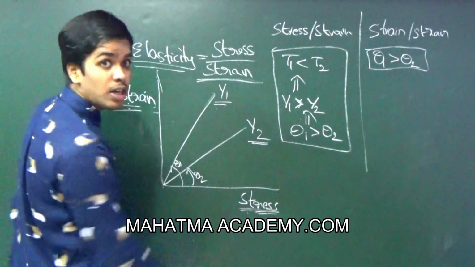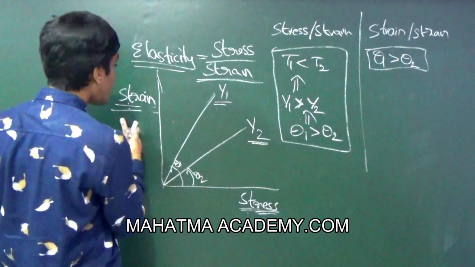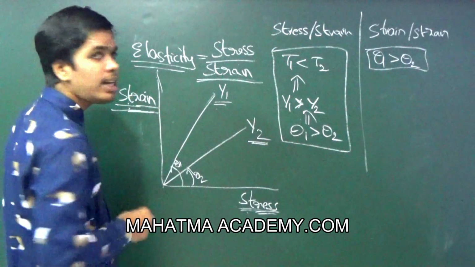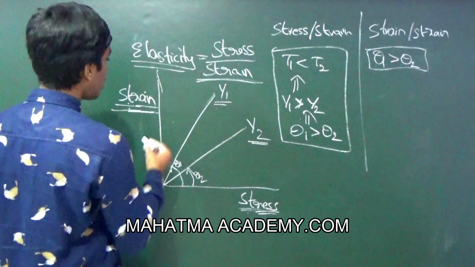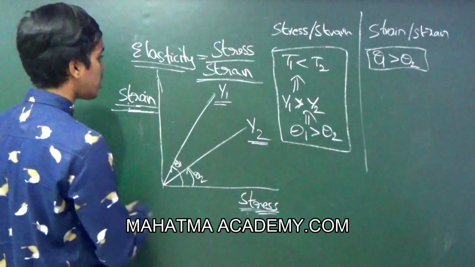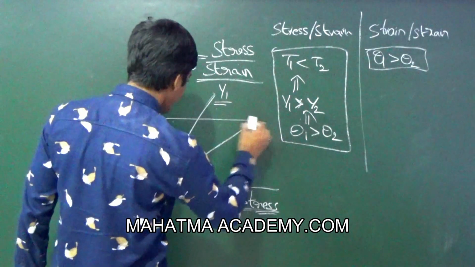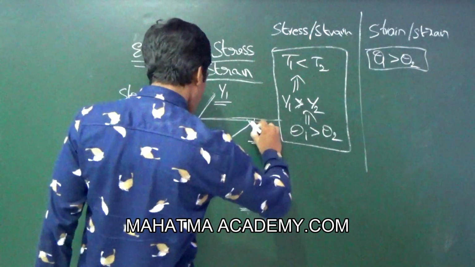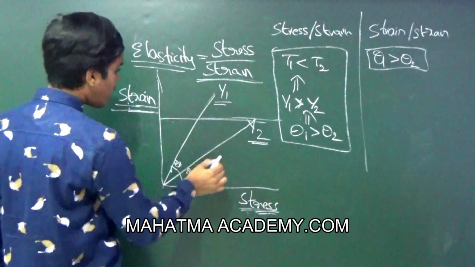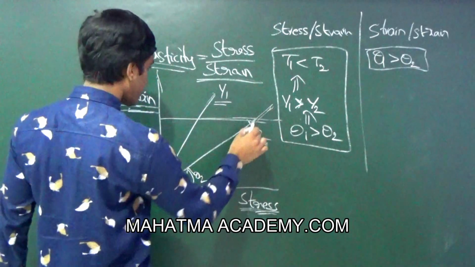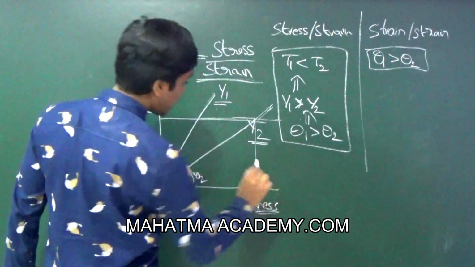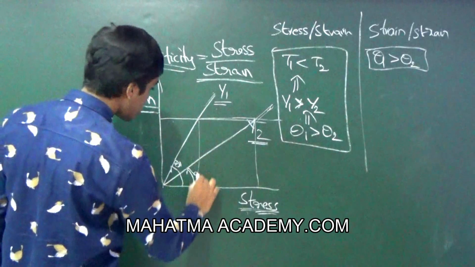But the stress is on the x-axis and the strain is on the y-axis. Less strain, more y. More y, less strain. So here the strain is max. At this point the stress is more and strain is less.